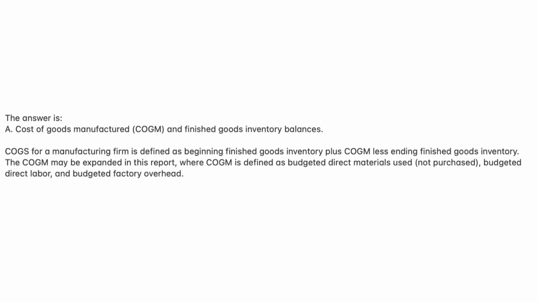The answer is A. COGS for a manufacturing firm is defined as beginning finished goods inventory plus COGM less ending finished goods inventory. The COGM may be expanded in this report, where COGM is defined as budgeted direct materials used, not purchased, budgeted direct labor, and budgeted factory overhead.